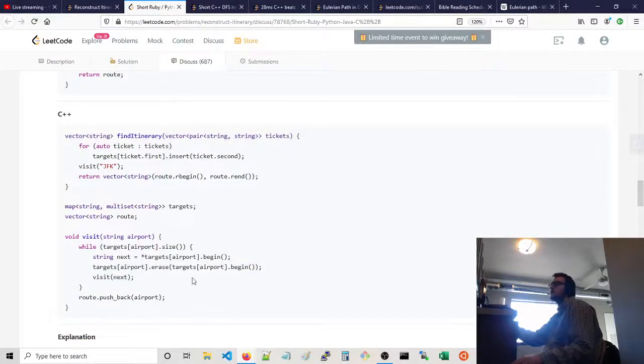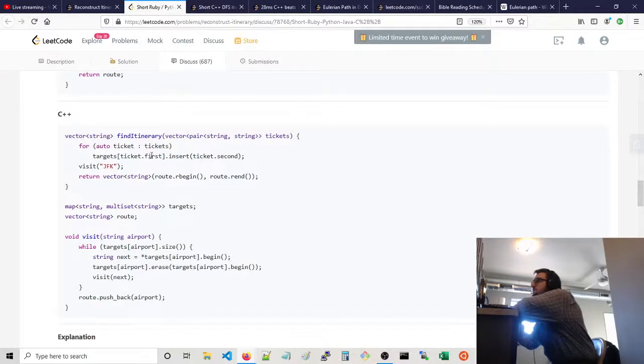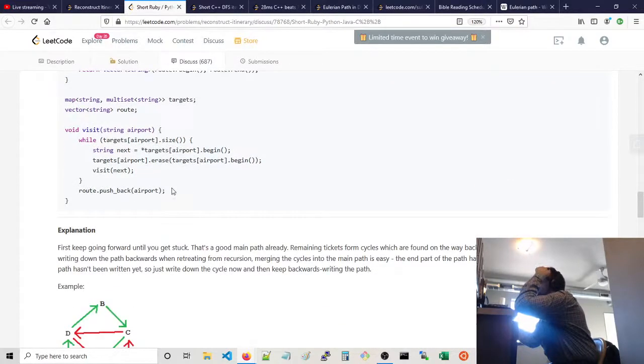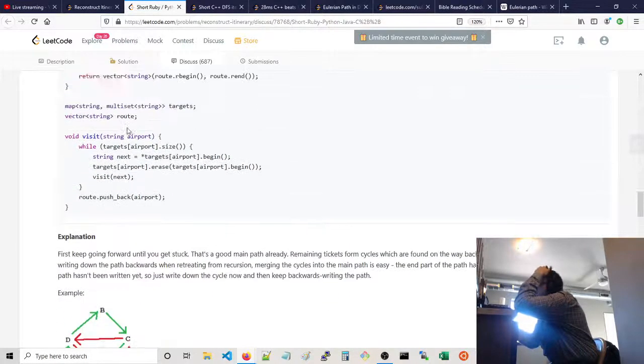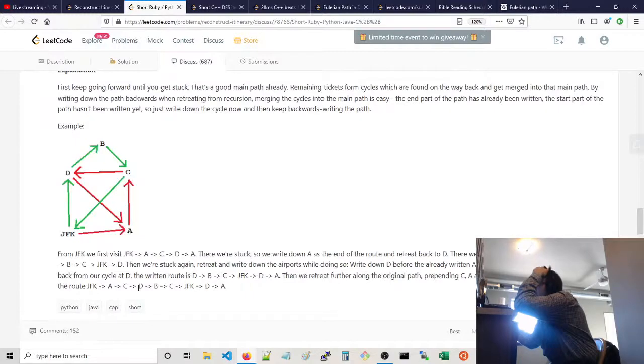Now that doesn't really make a lot of sense to me. I don't really understand, actually. I want to say that we end up writing A before B.